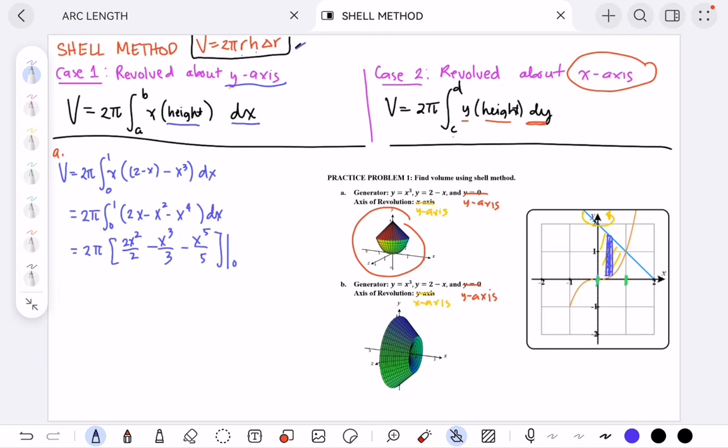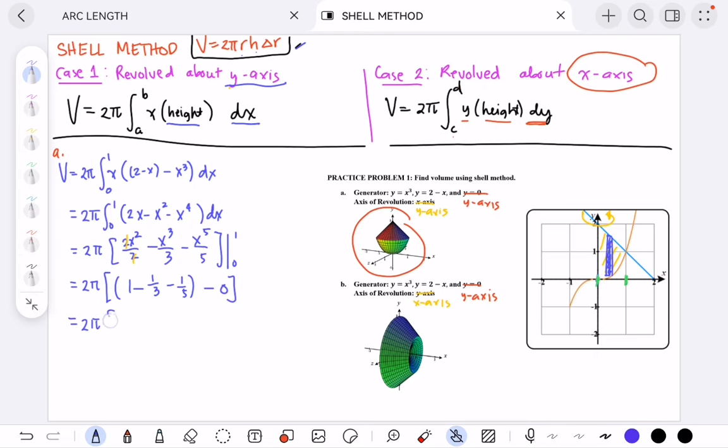Evaluate from 0 to 1. When x is 1, we have 1 minus 1/3 minus 1/5. When x is 0, then this is 0.